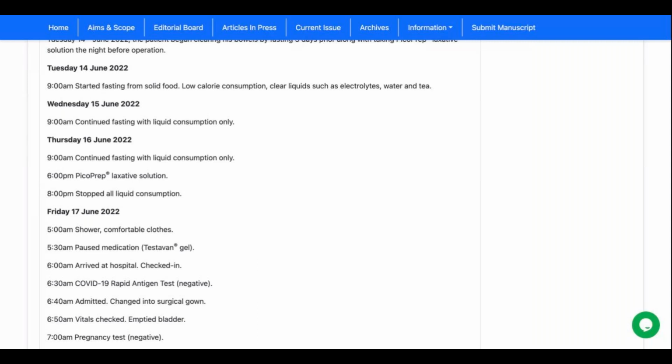So when you wake up, no water, no food, and then keep peeing. Make sure we keep peeing, right up until the patient goes to the hospital and gets admitted. The nurses do all their checks, then check the patient's bladder with the ultrasound. Make sure the bladder is actually properly empty.